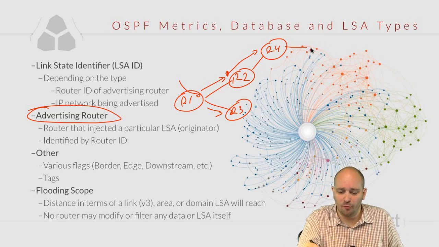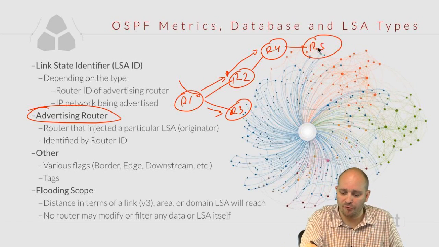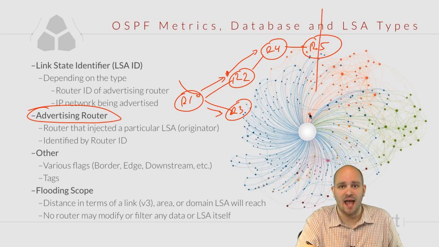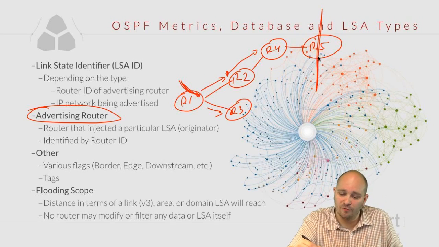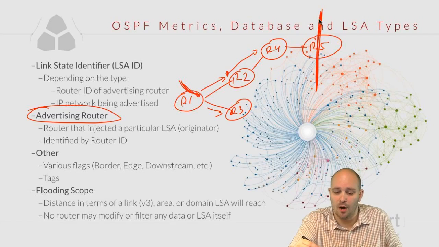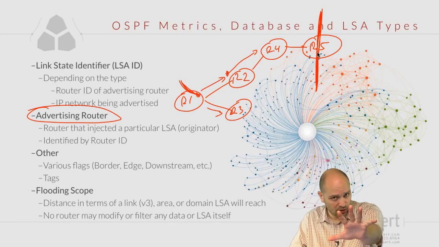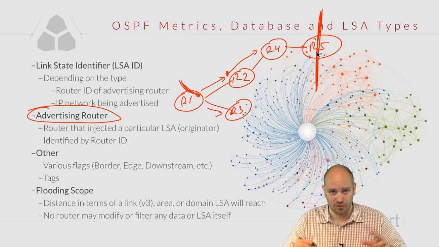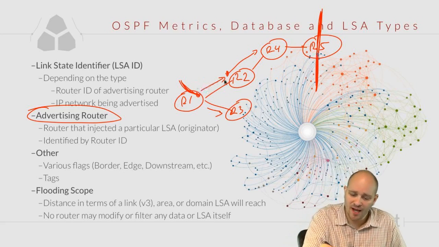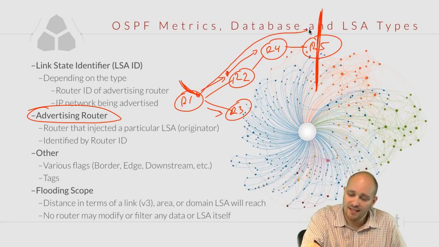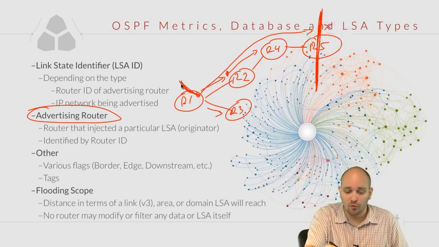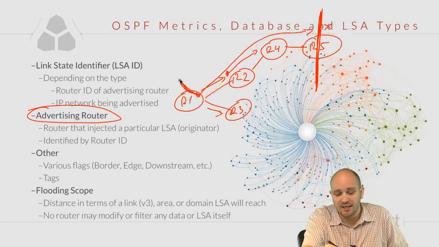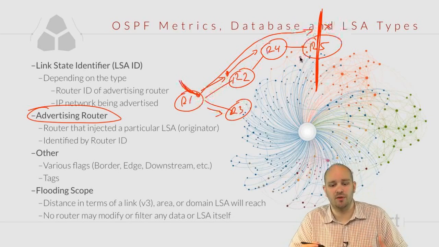But let's say that R4 here is connected to R5, which happens to be the ABR. Now, if this was an internal route here, this is where the flooding scope for a type 1 LSA would end. And I'm going to talk about individual flooding scope for different LSA types. But for now, just understand that this will go up to R5, but it will not go beyond here.